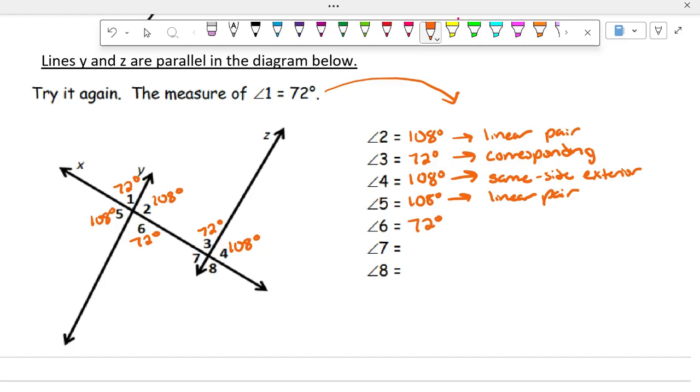What's the connection to angle 1? Who said it? Vertical. Now, technically, Jared, you could not speak, but I'll still take it. All right. 7.